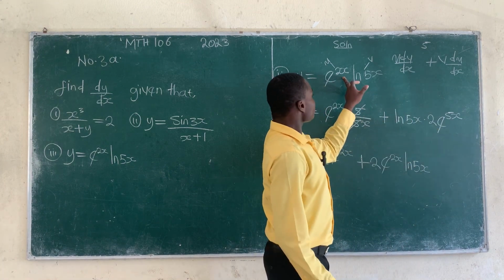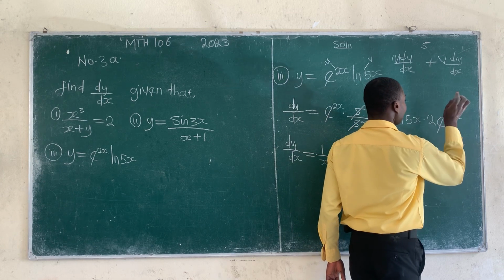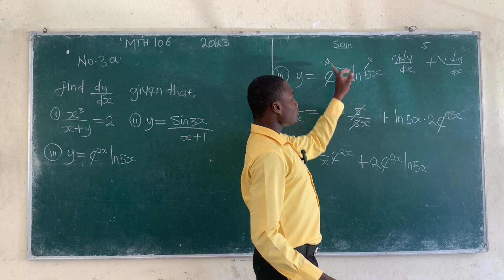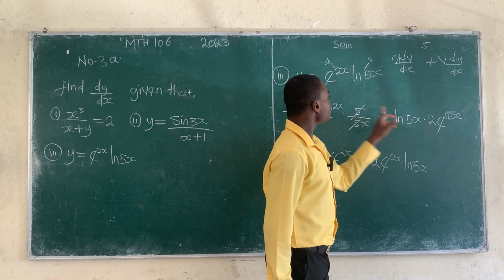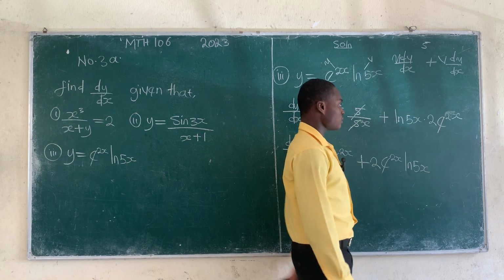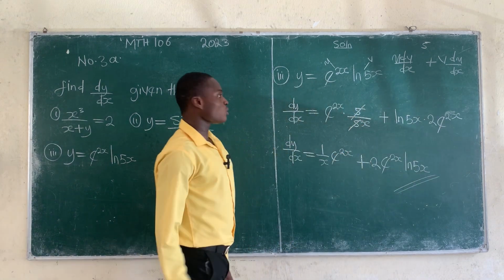Okay, this is 2x, not 5x. Remember, 2x: you differentiate the top, you have 2, and you multiply it by the entire function you differentiated, which is exponential 2x. So that is the answer to that given question.